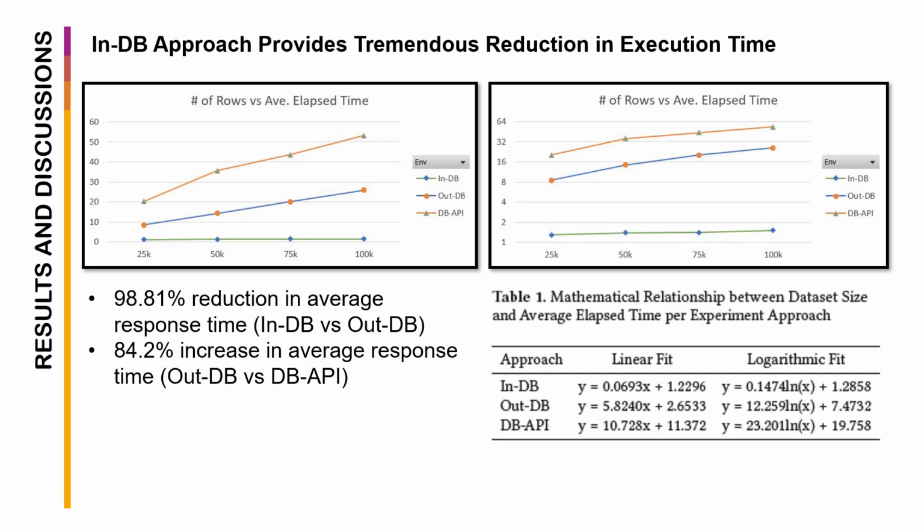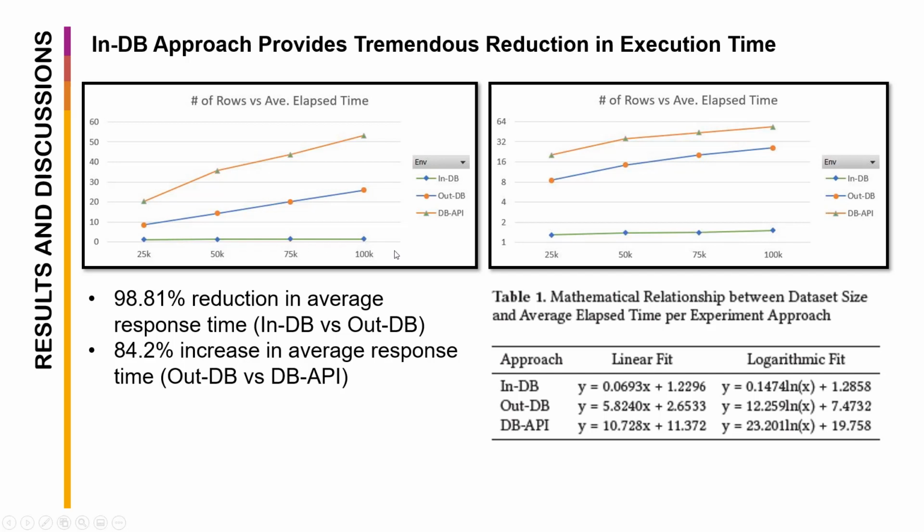We've also provided two visualizations, one on linear scale and the other on logarithmic scale, to show you the differences in terms of different fits. As you can see here, the in-database approach actually provides a tremendous reduction in execution time.